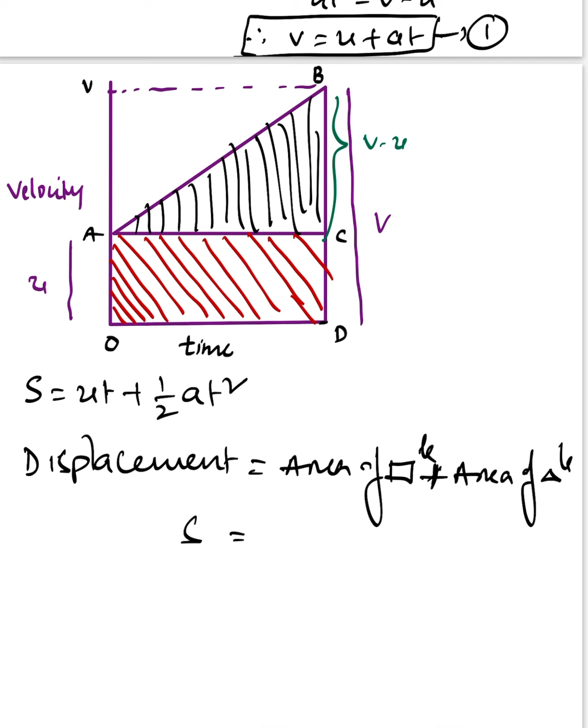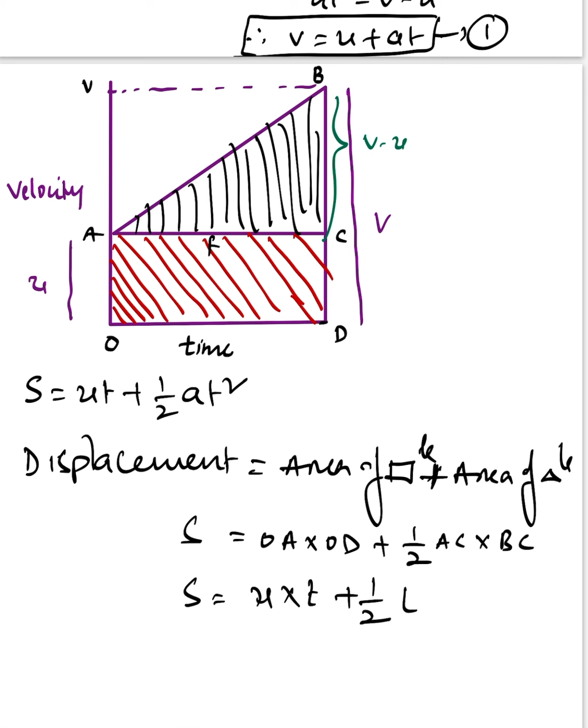What is the area of rectangle here? OA into OD, plus area of triangle, base AC into BC, with half. So s equal to OA, which is u, into OD, which is the time interval. What is the AC over here? Time interval t, and BC will be v minus u.